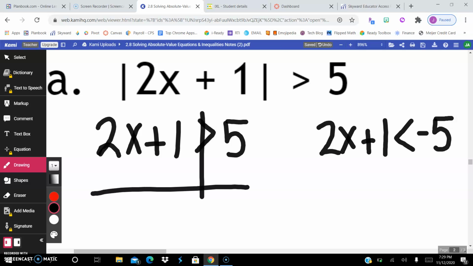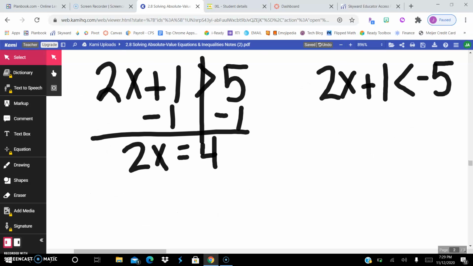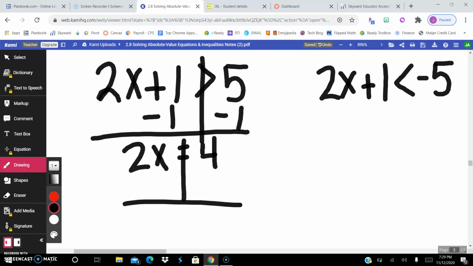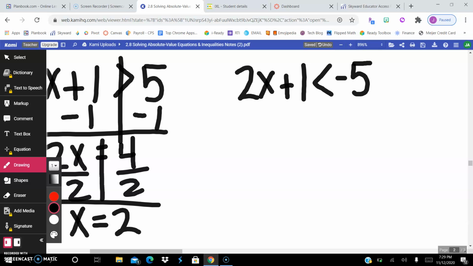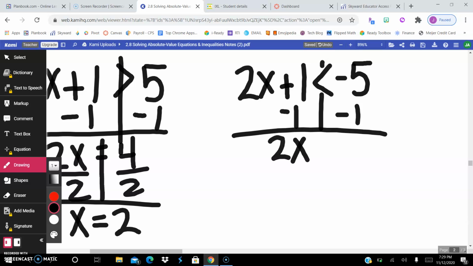And then solve just normal, minus 1 from both sides, so 2x equals 4. And then divide by 2, so x equals 2. And then move over here, minus 1, so 2x equals negative 6.